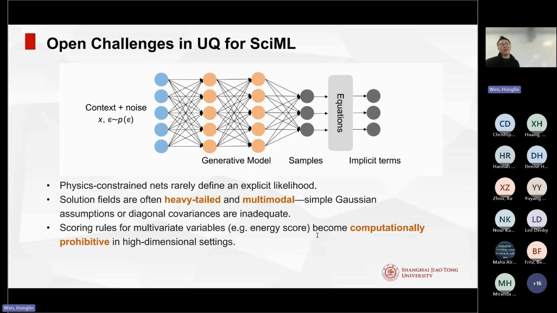Unlike typical models, where we only care about some image or other data and do not have any equations to enforce, so often we just use a Gaussian model and then we have the explicit likelihood. But here, it may be very heavy-tailed and multimodal.